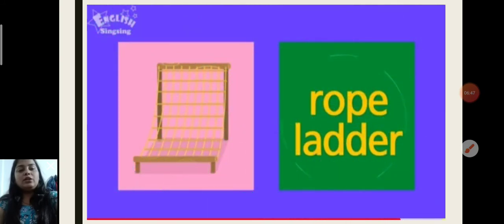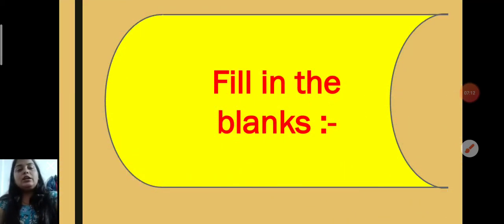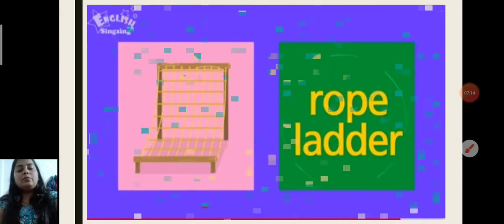Now the next one is rope ladder. On a rope ladder children climb to the top and then try to come down. This is the picture of a rope ladder, and they enjoy a lot while climbing on it. So children, these are the names of children's park equipment.